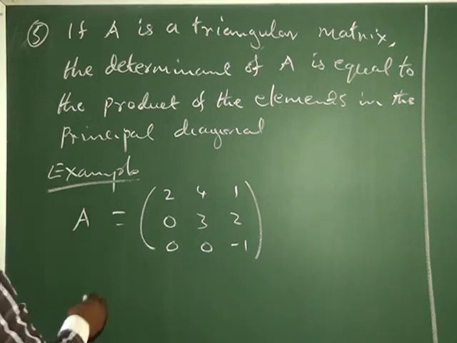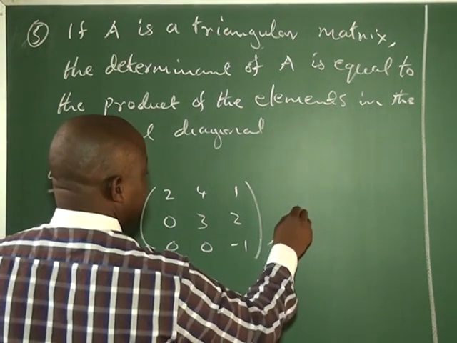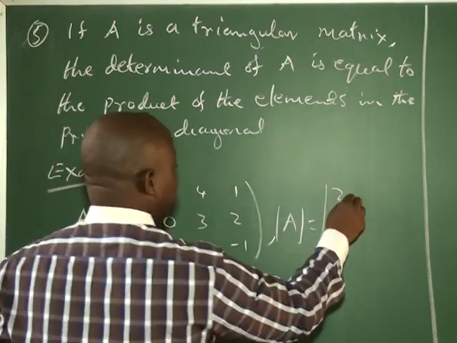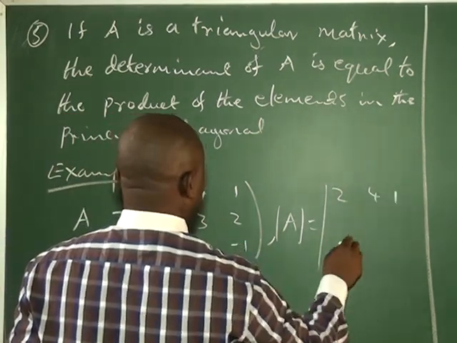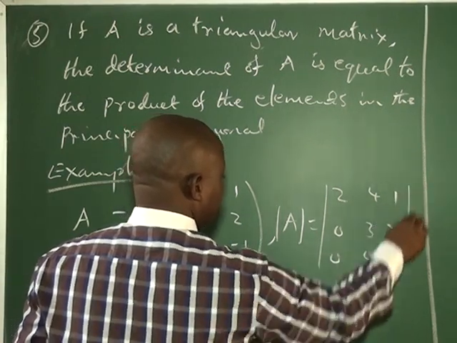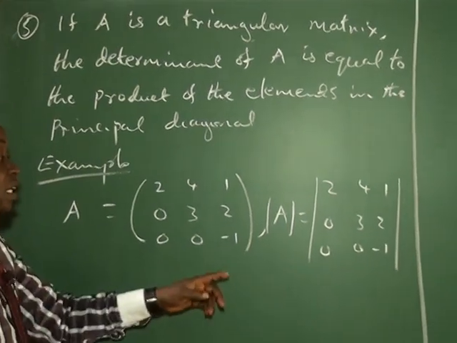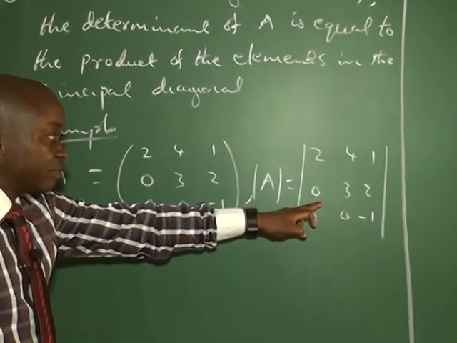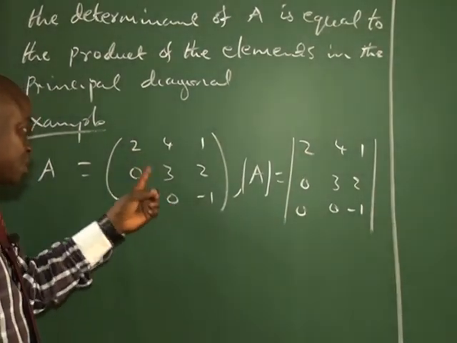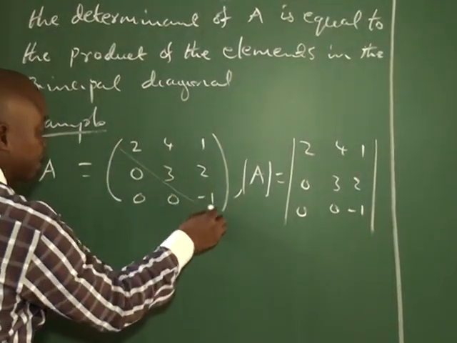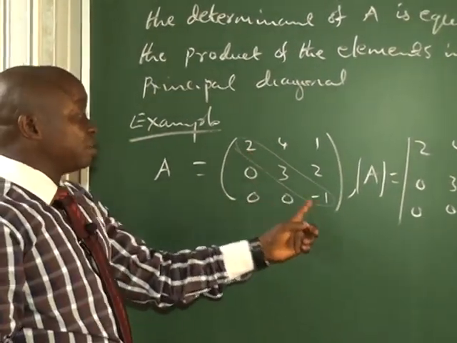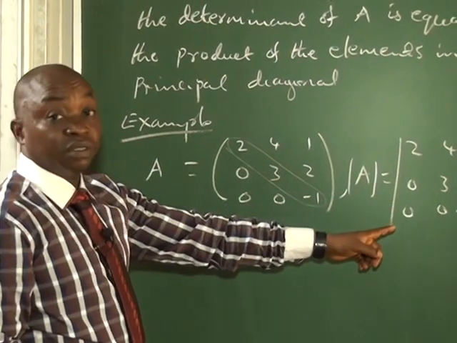If I have this, the determinant of A is equal to the determinant of 2, 4, 1, 0, 3, 2, 0, 0, minus 1. We are saying that if you take the determinant of A, it will be equal to the product of each element in this principal diagonal. This is what we call the principal diagonal. If you multiply each element here, it will be equal to the determinant of A.